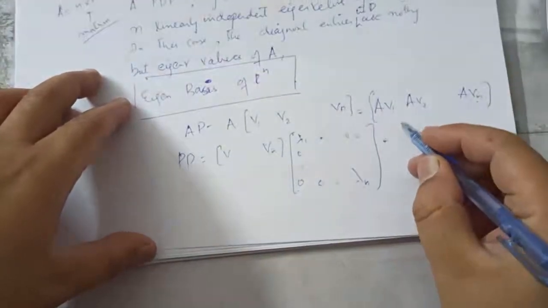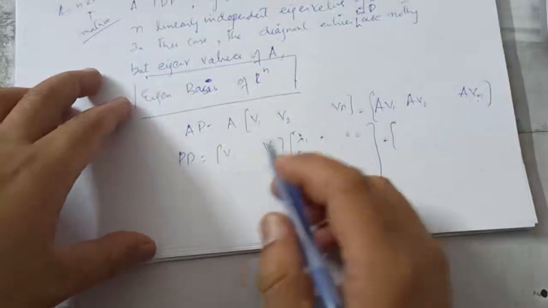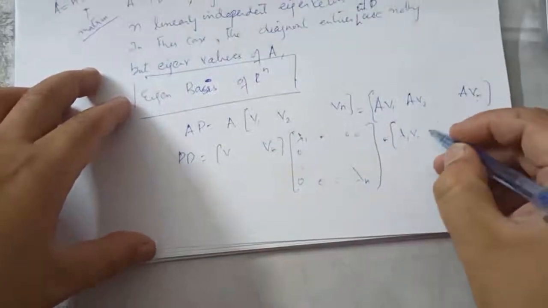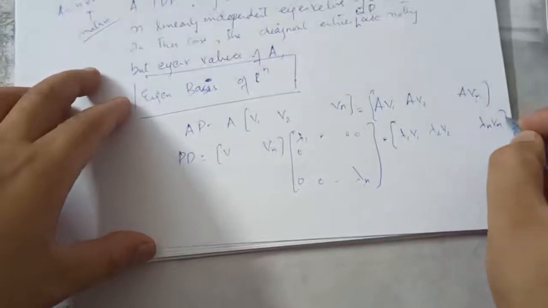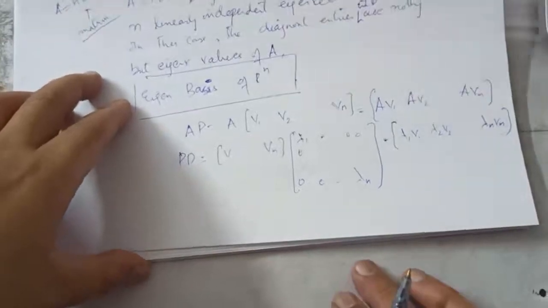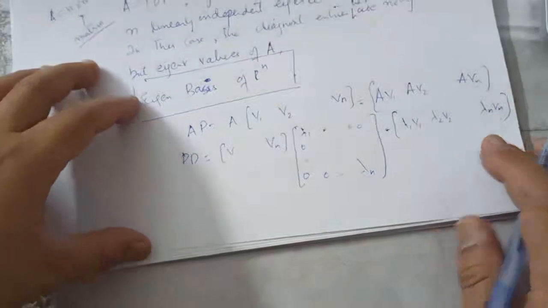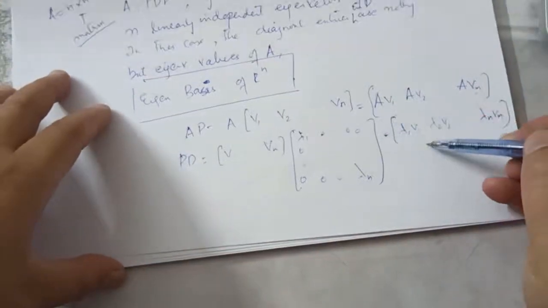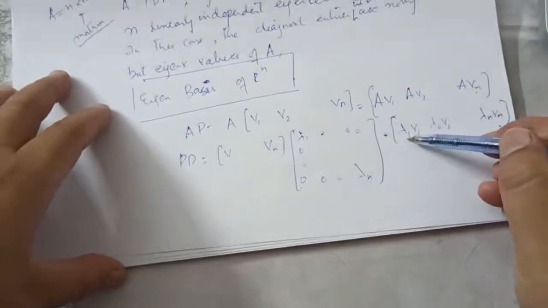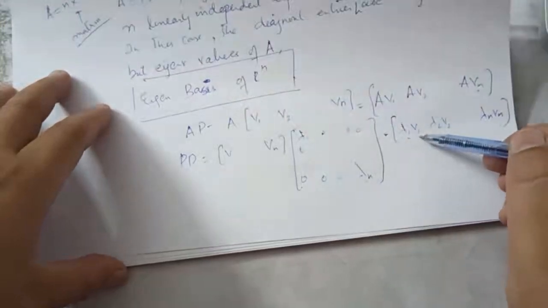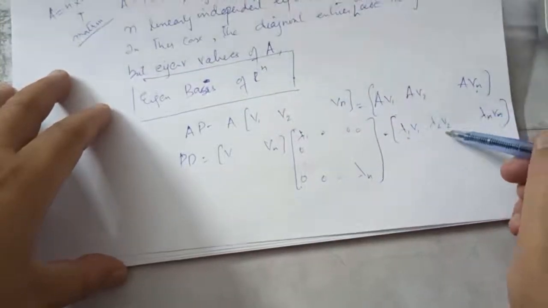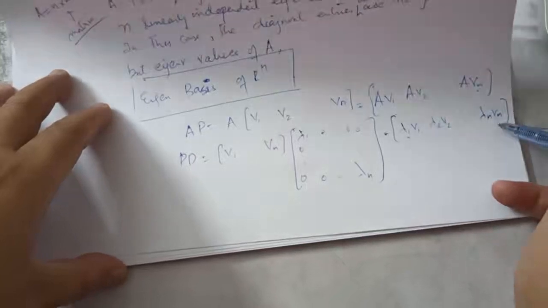If I multiply those two matrices, what I get is lambda 1 times v1, lambda 2 times v2, and lambda n times vn. Now, because lambda is the eigenvalue, we know that Av1 equals lambda 1 v1, Av2 equals lambda 2 v2, and Avn equals lambda n vn.